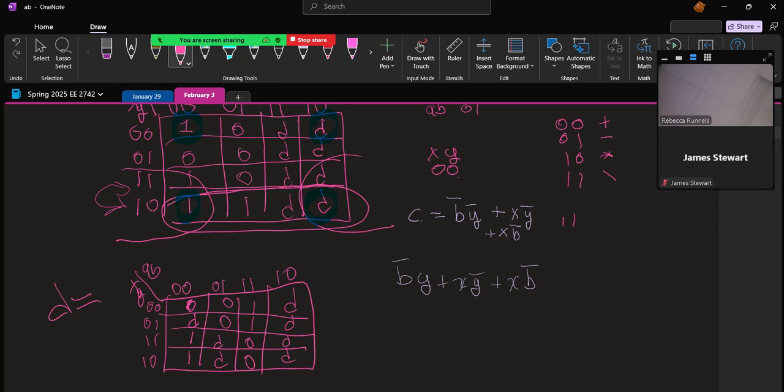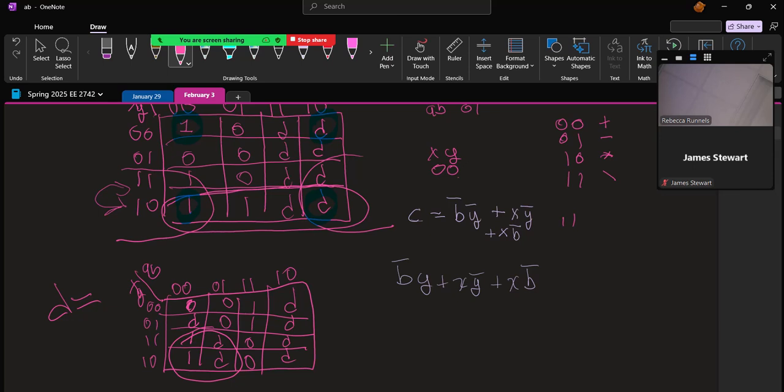So there are multiple ways of doing this that are equally as good. To get these two ones on the bottom right, I could circle these, which I'm going to do, or I could circle the two here and then wrap around to get the two on the other side.